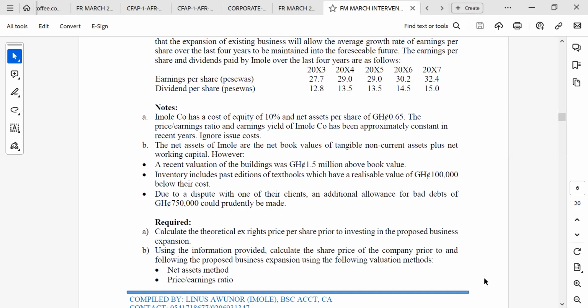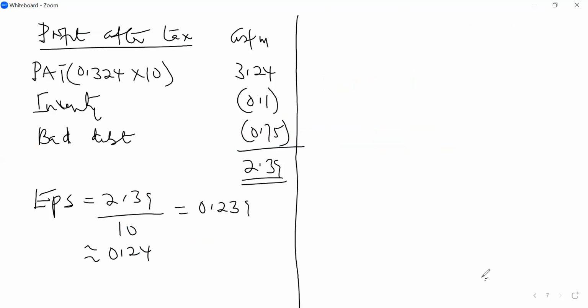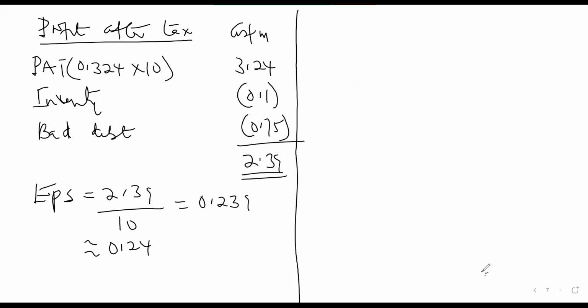So what we do now is find our price earning ratio. We are not given the price earning ratio, but since this company is listed, it will have one on its own. So let's find it ourselves. That will be the market price over the earnings per share.